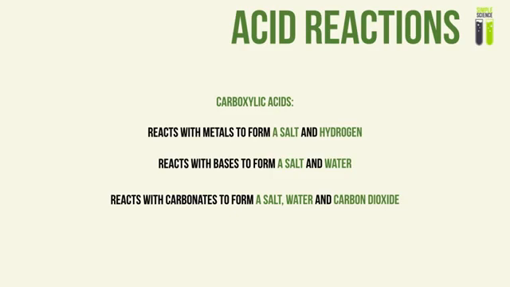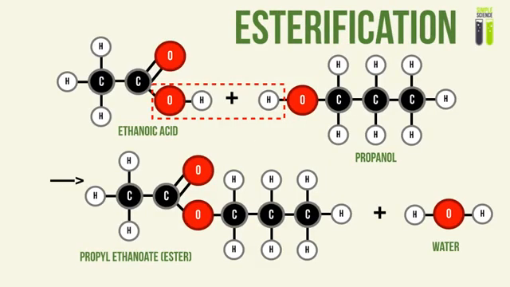And the other type of reaction that it can undergo is esterification. In other words, the production of esters. Okay, and this is basically when a carboxylic acid reacts with an alcohol. So the product of this reaction is an ester that basically has attributes from both the ethanoic acid and the alcohol.